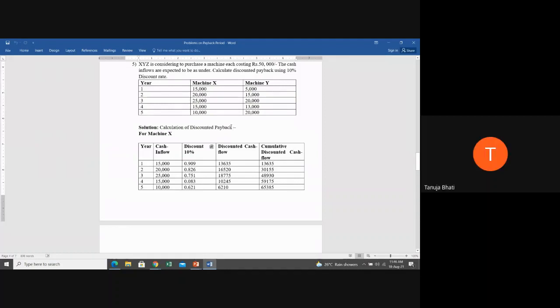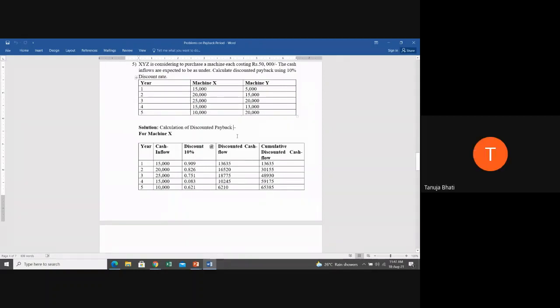Suppose if it was equal cash flow, what was the formula you would use to find out discounted payback period? For normal payback period, what is the formula you use if the cash flows are equal? Initial cash outflow divided by annual cash inflow. Very good.